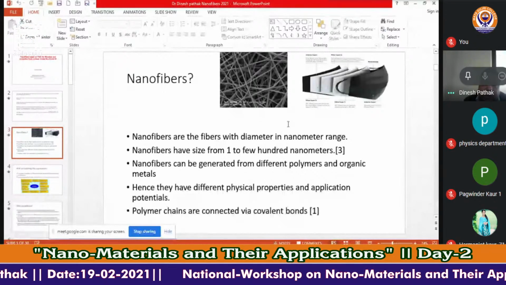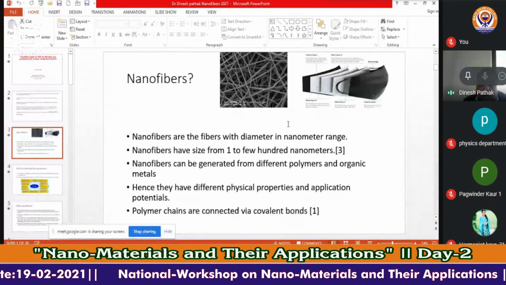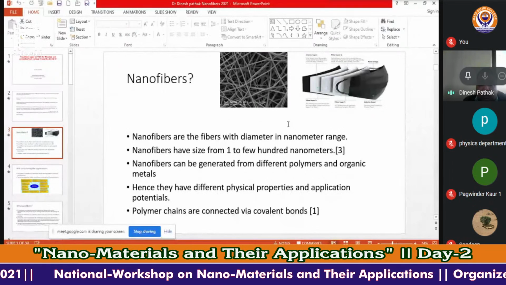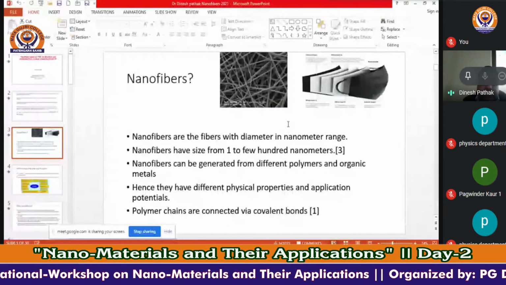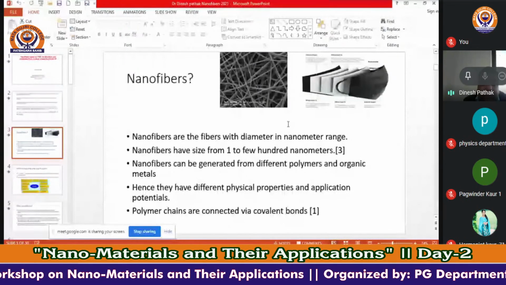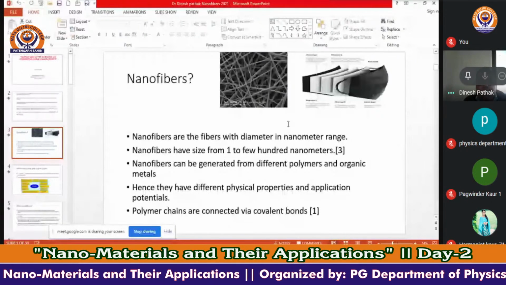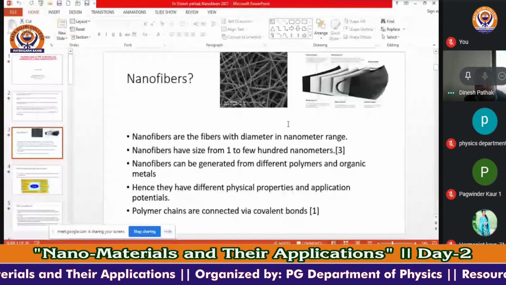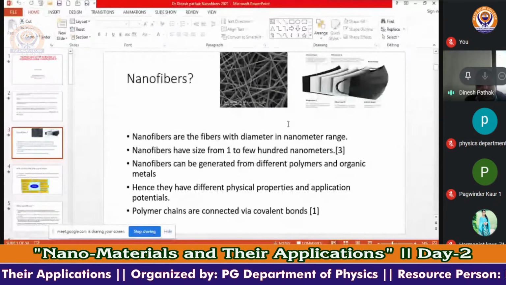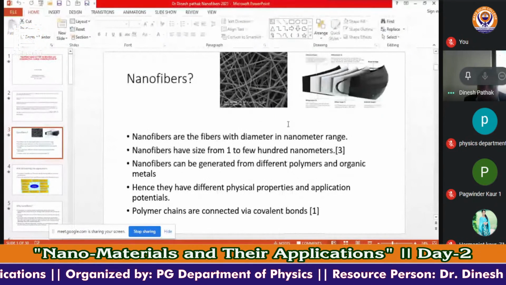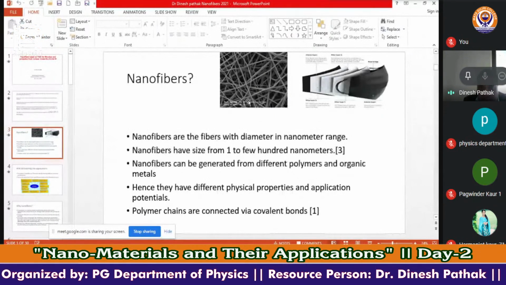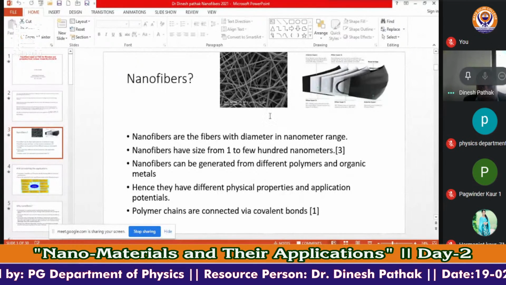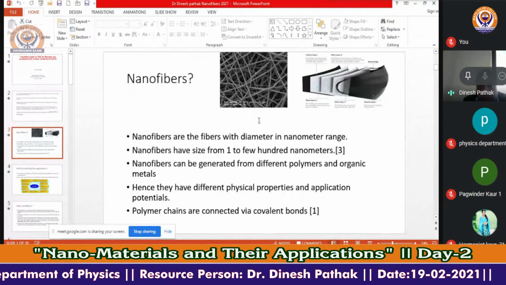You cannot see these materials by the naked eye, but when you examine them under a very high resolution scanning electron microscope, you will see a fiber-like microstructure, or, if the size is smaller, a fiber-like nanostructure.